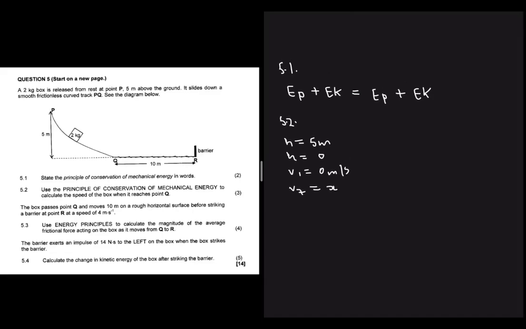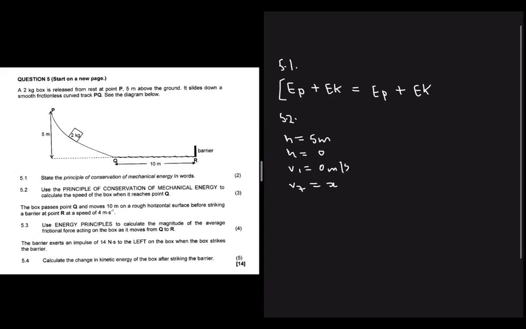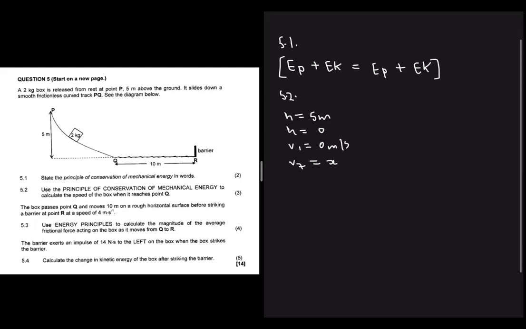Because we know that mechanical energy is conserved in an isolated system, we can use the formula from 5.1 to calculate 5.2. Usually these questions are always like this: whatever you define in the first question, you are going to use to answer the question that follows. So EP, potential energy, is mass multiplied by gravity multiplied by height.